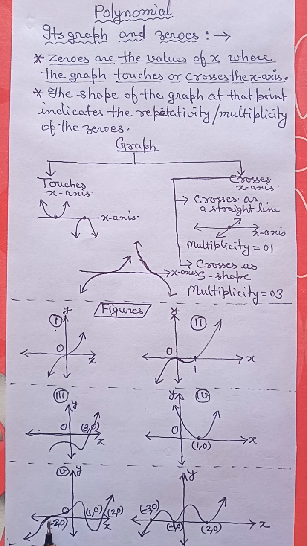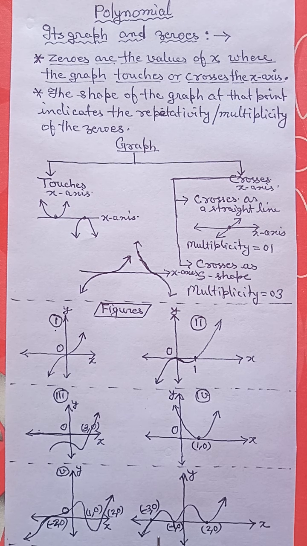Therefore, how many multiplicities of zeros are there in this case? Here it is 3, here it is 1, 3 plus 1 is 4, 4 plus 1 is 5. That means this must be a graph of a polynomial of degree 5.